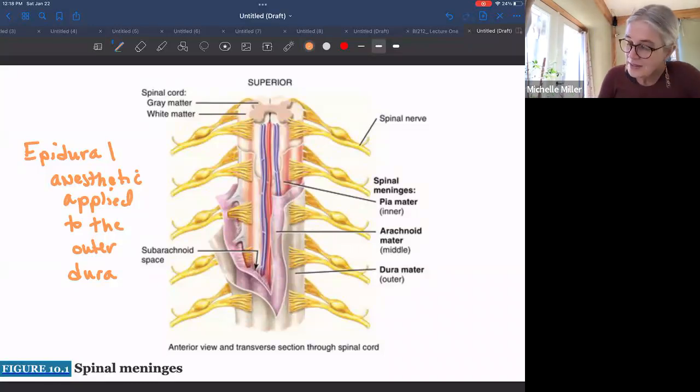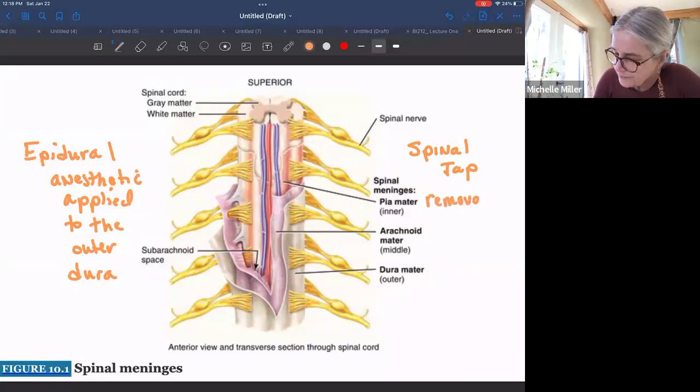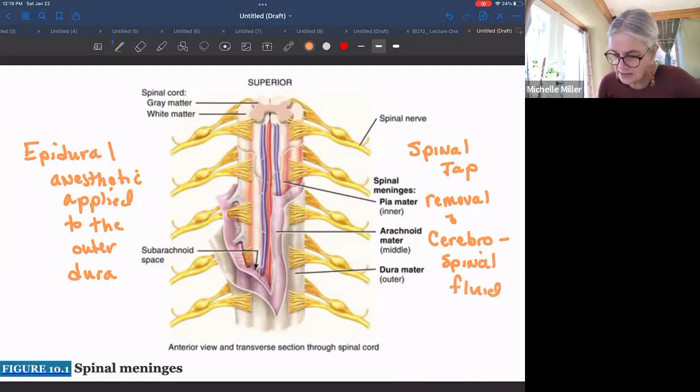Okay. Now we also have what is called a spinal tap. This goes and sucks fluid out. So this is the removal of cerebrospinal fluid. And the cerebrospinal fluid is under the arachnoid.